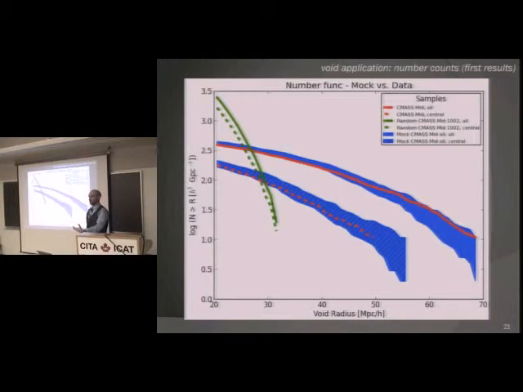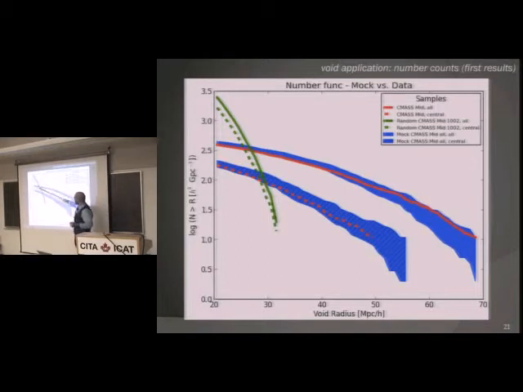These are the same mock catalogs used in the BOSS analysis, using a halo occupation distribution and the same mask applied to the data, as close as you can get to the actual data. And in green, just as a sanity check, is placing random particles with a Poisson distribution. What kind of void population do you get from that? It looks nothing like the void population in real life, because galaxies are not randomly distributed in our universe.